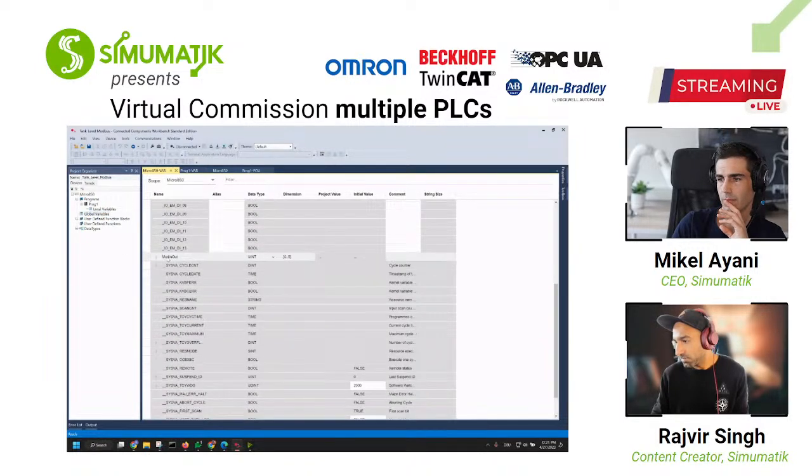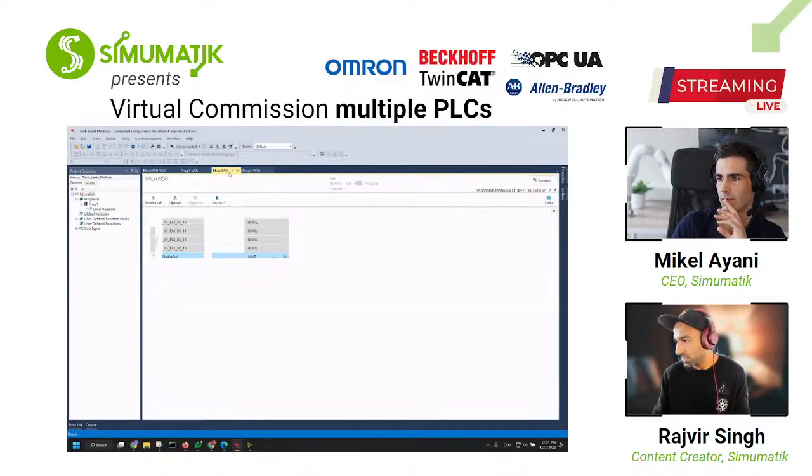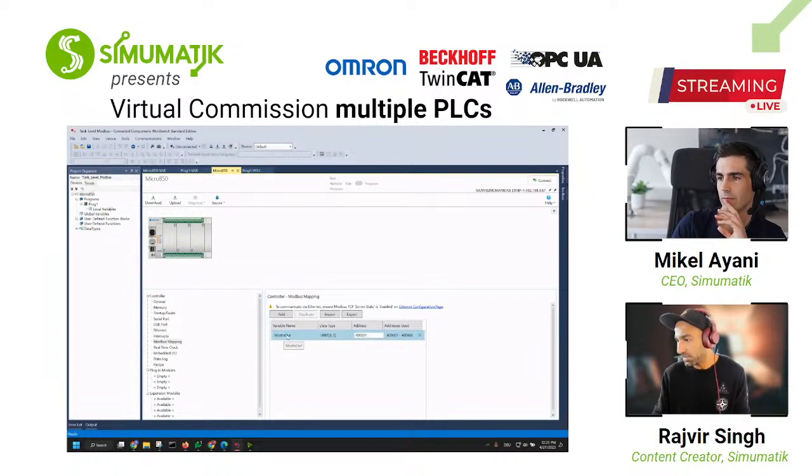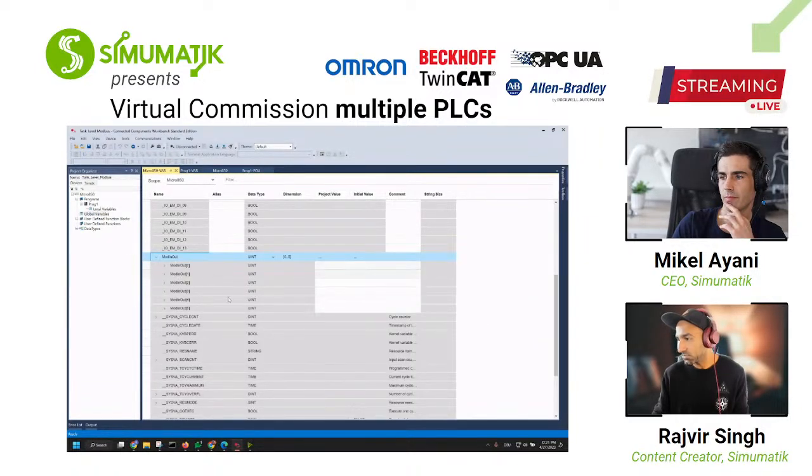I took a variable, mod in out, and these addresses are the ones which we'll read from Modbus, because mod in out is linked to the variable name here. These addresses are sending the value to this variable, and this variable is in my global variables. For mod in out, I took an array of 6 elements.